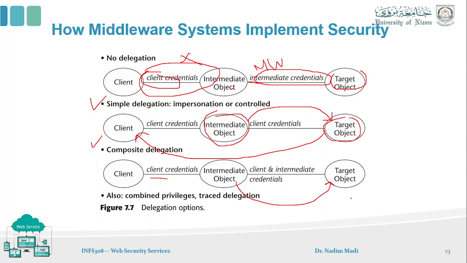That is actually the strongest, the most secure way for the target to verify, because at the end the target will need to verify who is this entity and who is that entity. So by sending credentials for both the client and the middleware, the target server will get the highest level of verification for both entities it is going to communicate with.